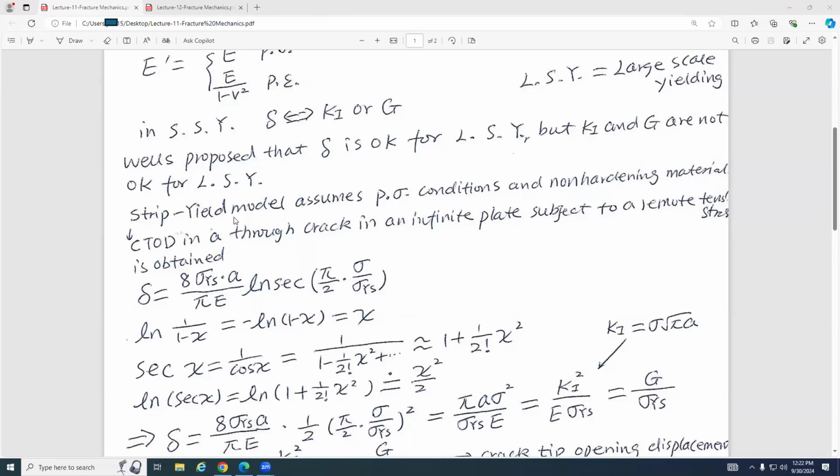Since secant x equals 1 over cosine x, are you okay with this step, from here to here? But for cosine x, we can extend it using the Taylor expansion.